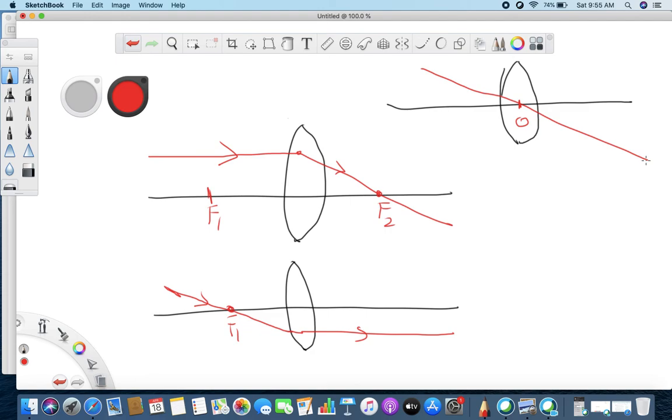So there are only three rules here, and please understand, there is no pole here. Instead of pole, we write optical center O, and whatever distance we take is from optical center O. So three rules again: parallel to principal axis, passing through F will become parallel, and through optical center O there is no refraction.